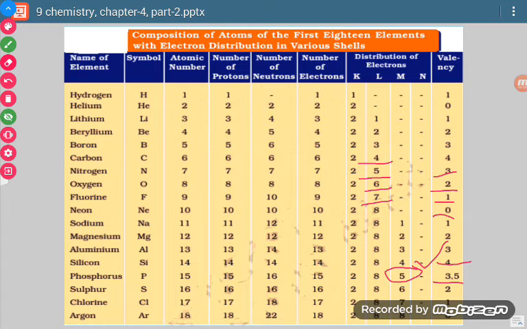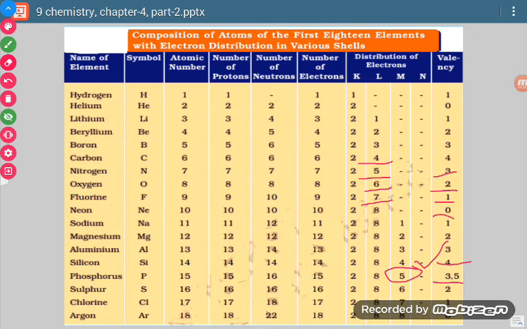Its combining capacity is 3 and also 5. It depends on the conditions given to phosphorus. Its 3 electrons in the outermost shell can combine, and all 5 electrons can also combine. So this is one exceptional case which you have to remember.